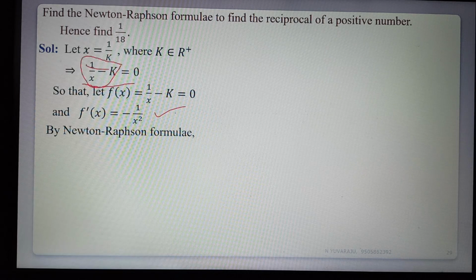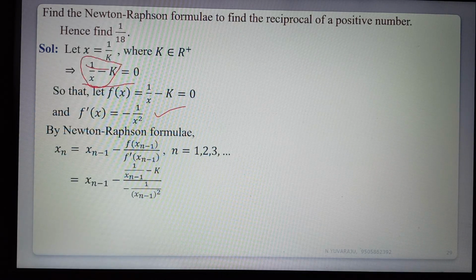By using the Newton-Raphson formula, xn is equal to xn minus 1 minus f of xn minus 1 by f dash of xn minus 1. Substituting xn minus 1: f of x is 1 by x minus k, so in place of x, xn minus 1, giving 1 by xn minus 1 minus k. And f dash of x is minus 1 by x square, so f dash of xn minus 1 is minus 1 by xn minus 1 whole square.